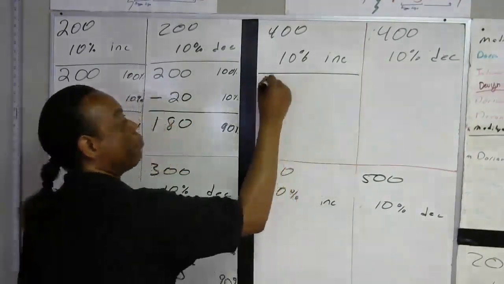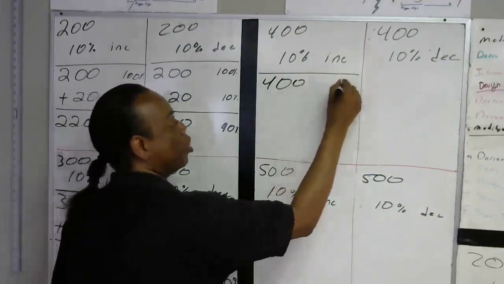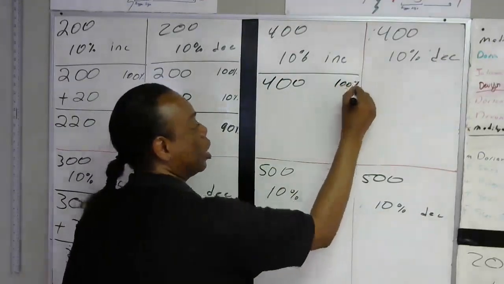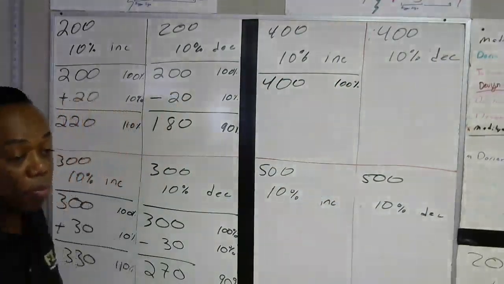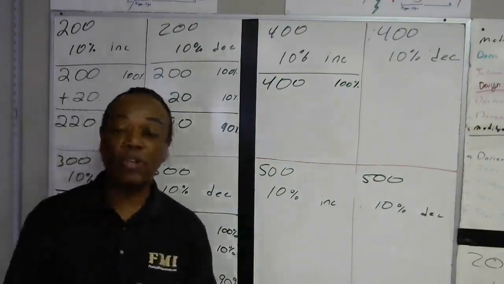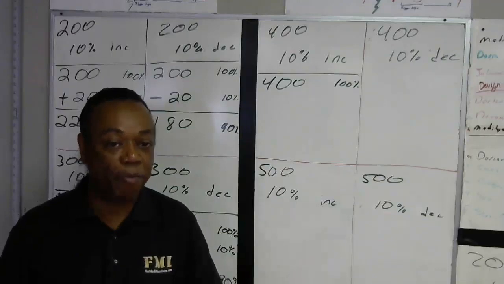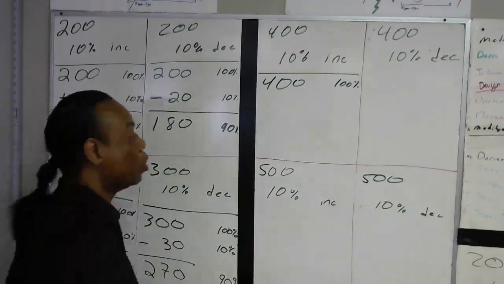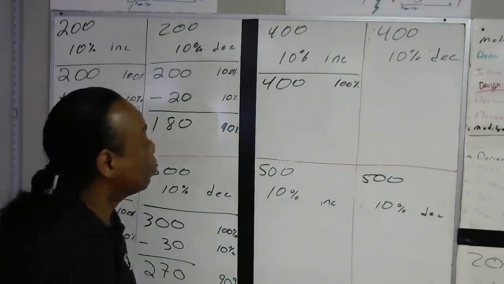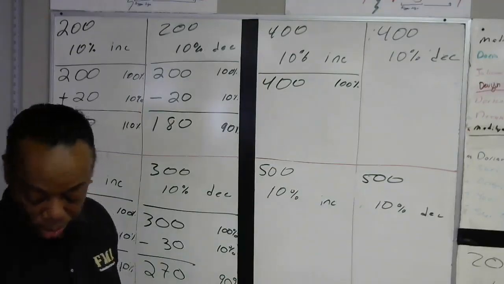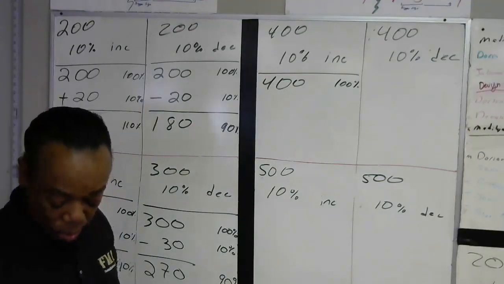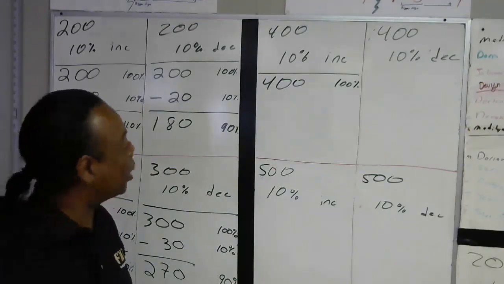We have 400 right here. This represents 100%. You want to find 10% of that. Well, how do you find 10% of 400? You divide it by 10. Let's divide this by 10.